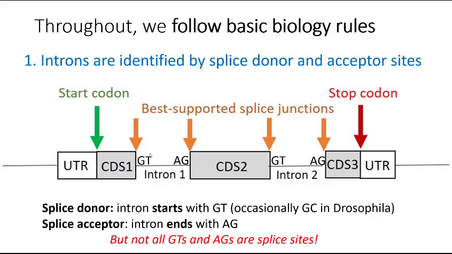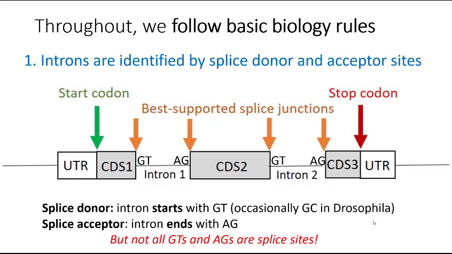This is a splice donor, and the first two bases are always a G followed by a T. At the end of introns, the last two bases of an intron are always an A followed by a G. These sequences must be there for the cell to realize that that is an intron and to effectively cut it out of the messenger RNA. So we'll look for those.